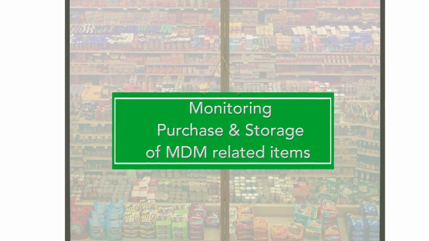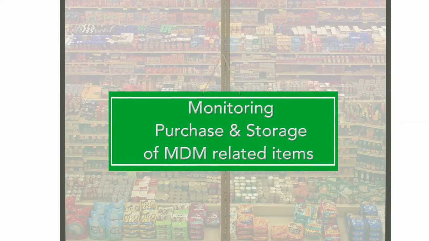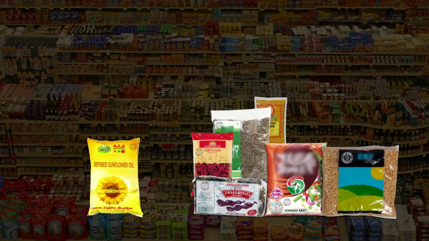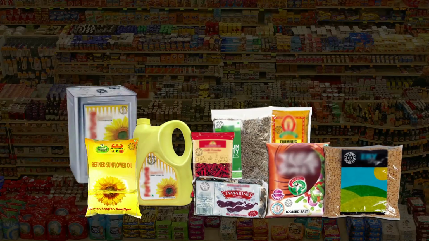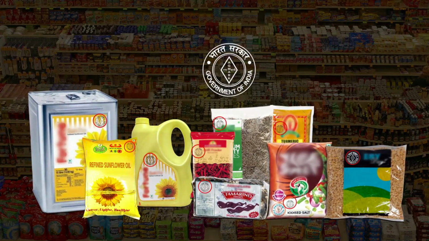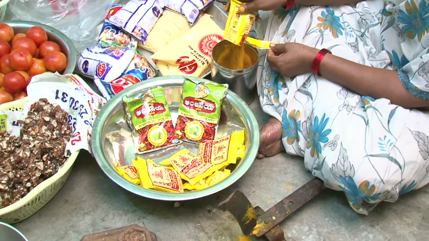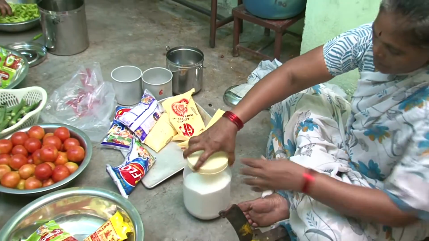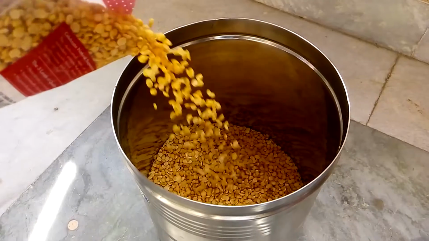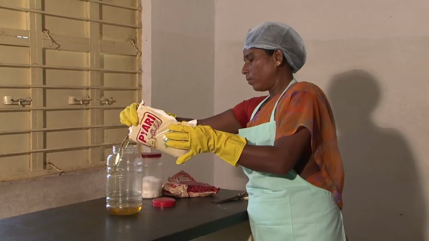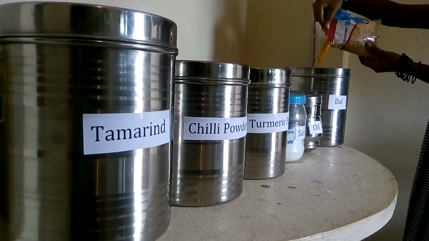Monitoring purchase and storage of MDM related items. The MDM monitoring team should ensure that the packed pulses, spices and oil purchased for MDM cooking are of AGMARK or ISI standard. It should be ensured that these items are stored in plastic, steel or aluminium tins in the kitchen store premises.